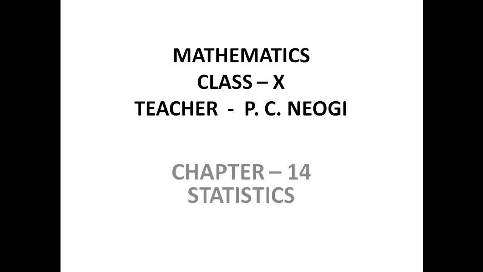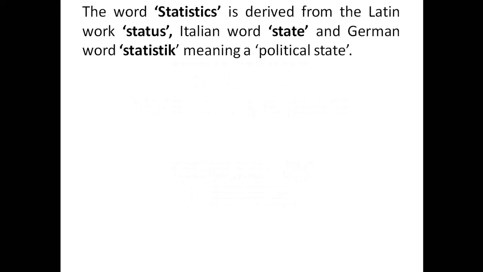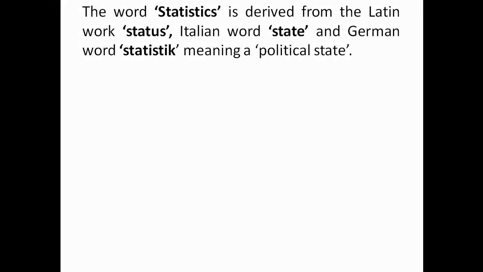So students, first of all, we have to know what is the meaning of statistics. The word statistics is derived from the Latin word status, in Italian the word state, in German the word statistik, meaning a political state.